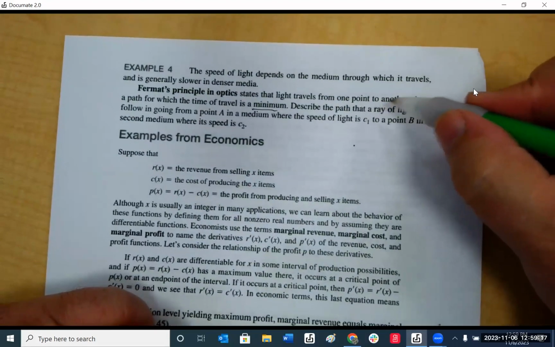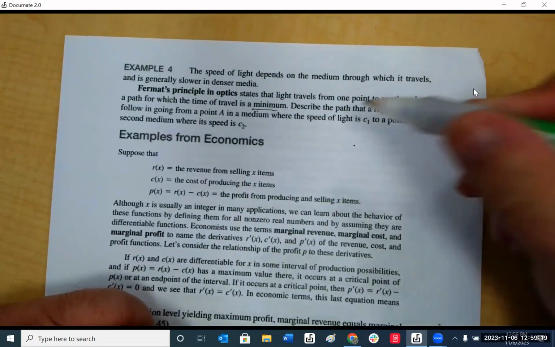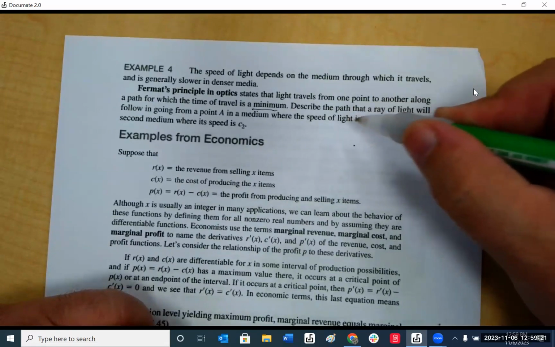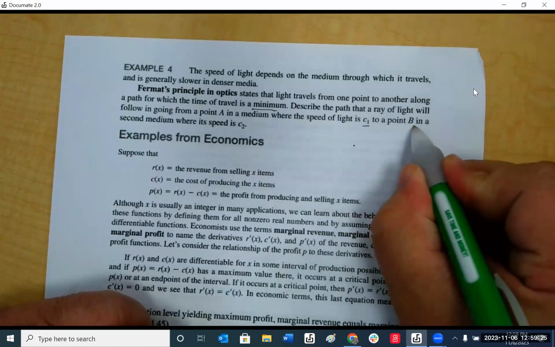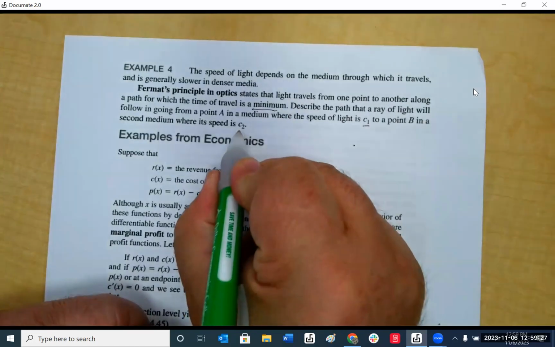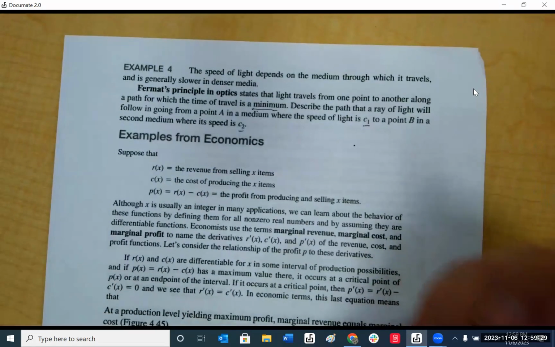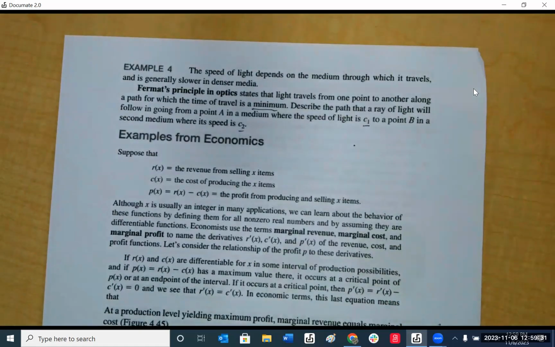Describe the path that a ray of light will follow in going from point A in a medium where the speed of light is c1 to a point B in a second medium where it is c2.